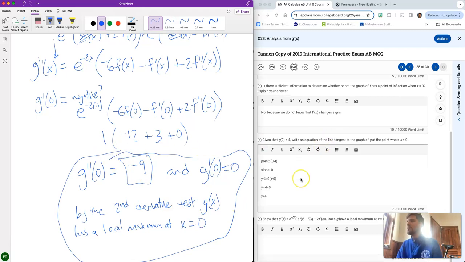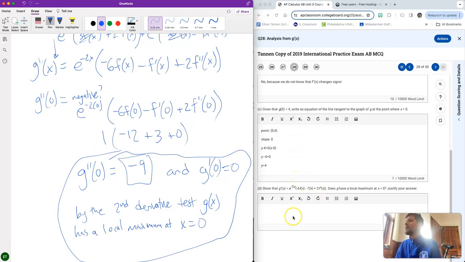That's a perfect justification for our answer, and now we're good to go.